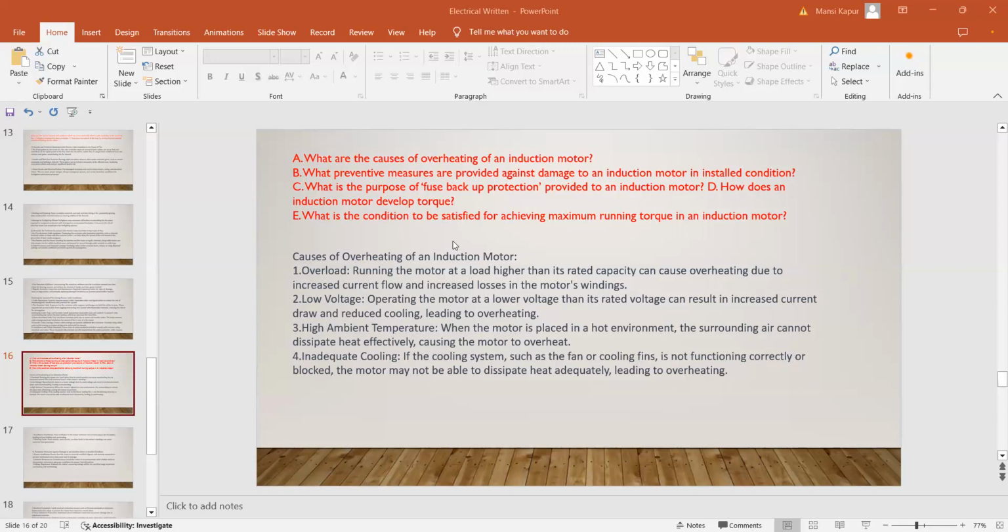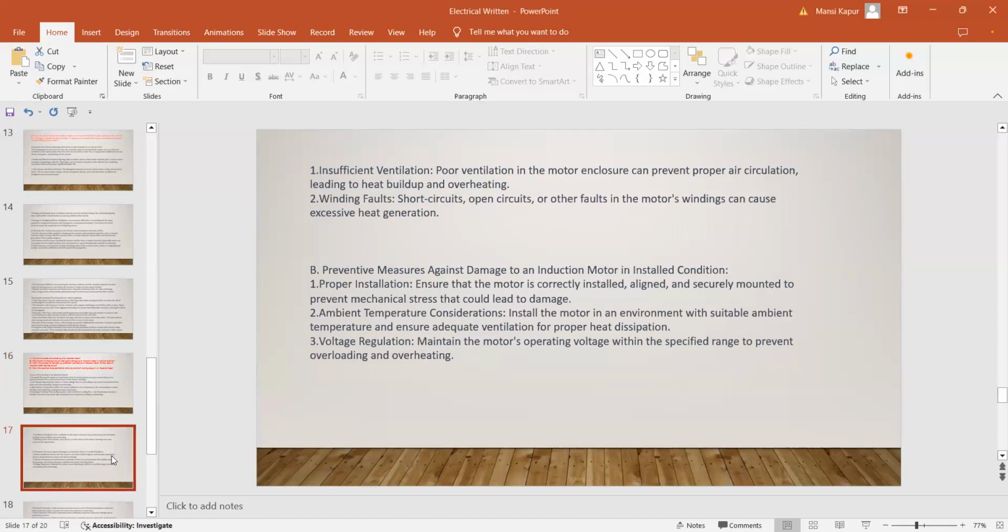High ambient temperature. Obviously, your motor will have more temperature. Inadequate cooling. How inadequate cooling? Your fins are dirty. Dirty fins. What else?